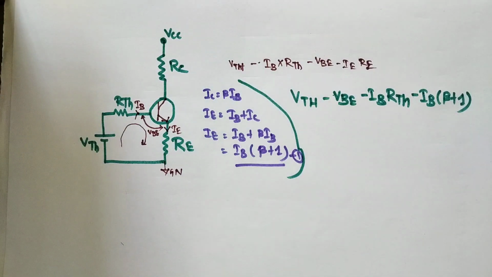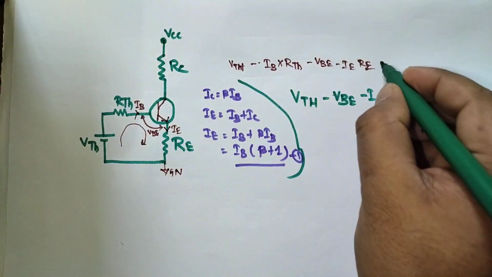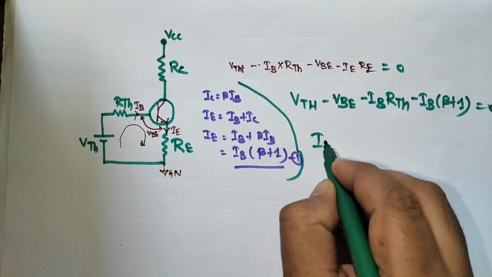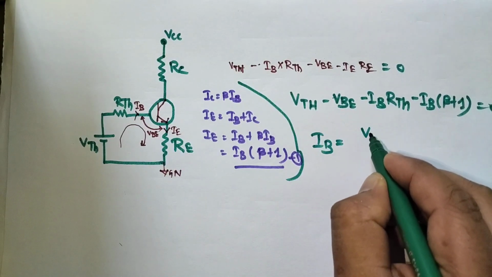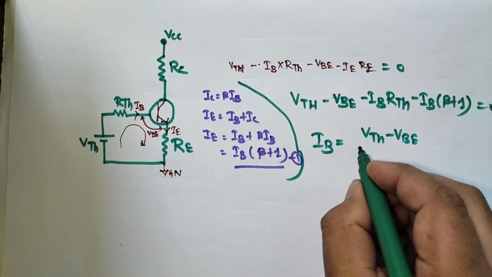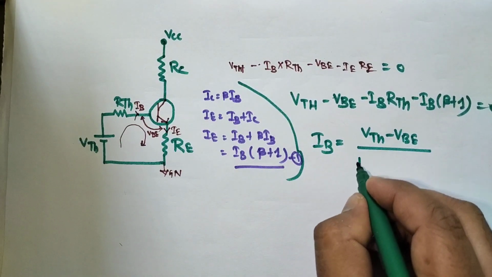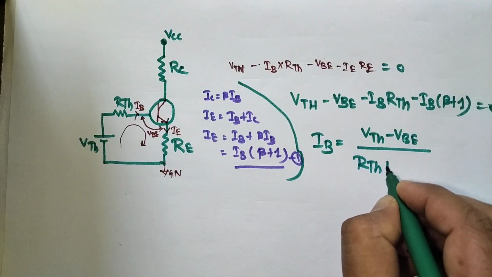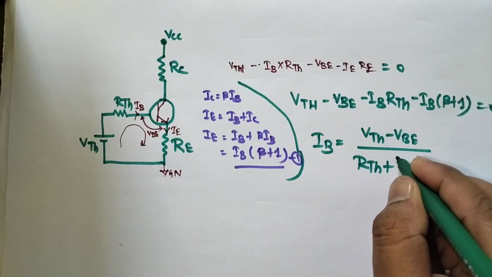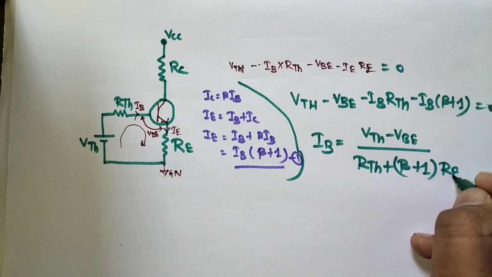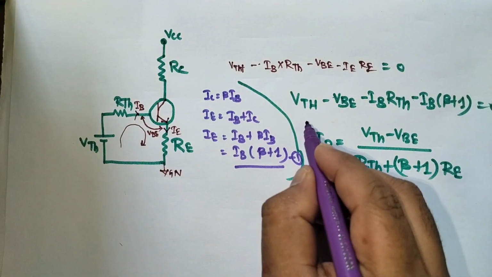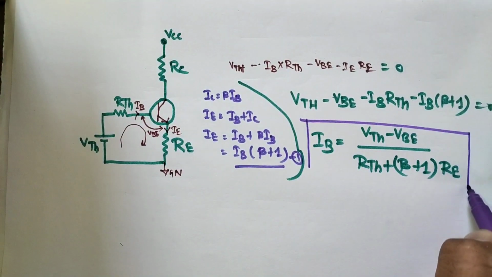From this I find IB. Then IB equals VTH minus VBE divided by RTH plus (beta plus 1) into RE. This is the final value of IB.